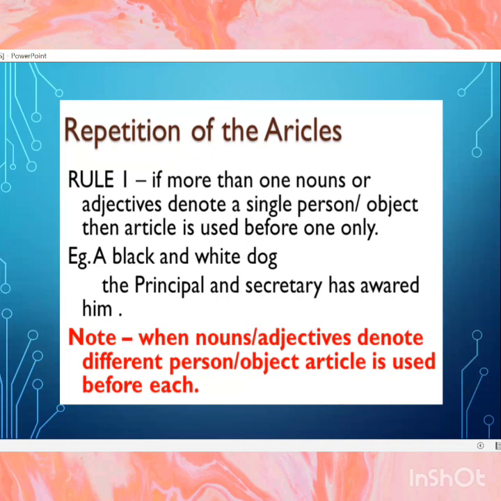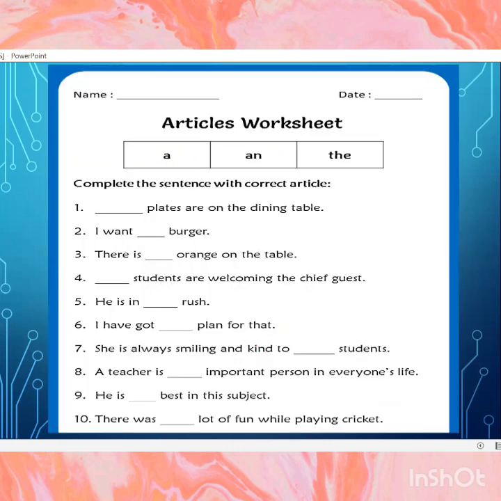The principal and secretary has awarded him. So we are talking about both designations of one person. We have used the before the first one only. Note: when nouns or adjectives denote different persons or objects, the article is used before each.